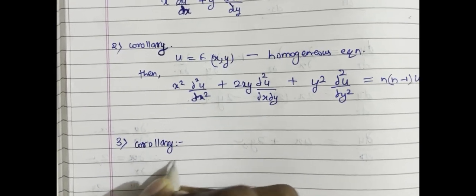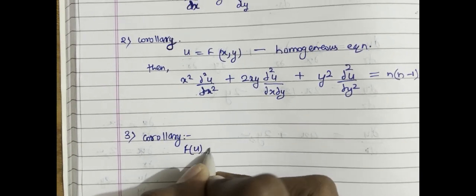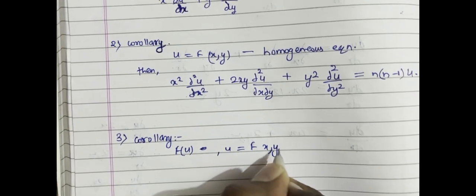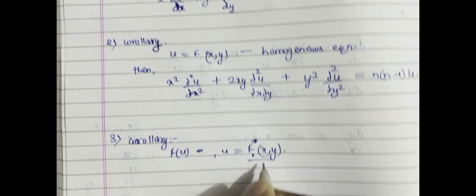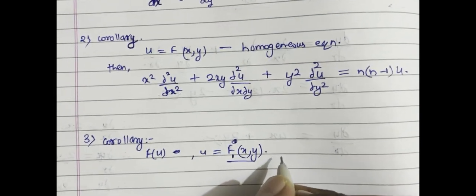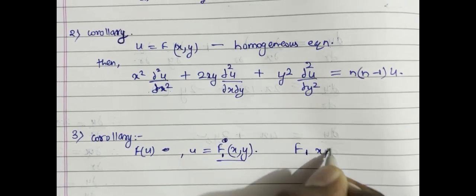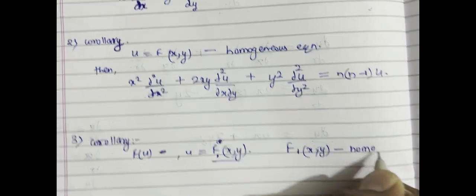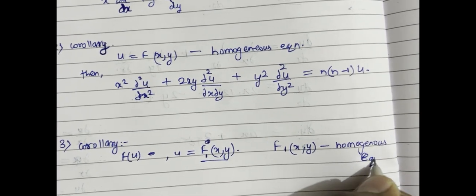Here we will have a function in terms of u, and u will be a function in terms of x, y. And here f1 of x, y will be a different function, and here f1 in terms of x, y will be a homogeneous function or equation.